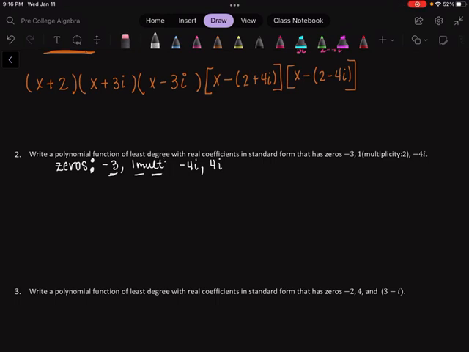Multiplicity of 2. So that's really 2 zeros because the 1 repeats. Oh my gosh, sorry. And so we have 1, 2, 3, 4, 5. So our degree of this polynomial will probably be 5.